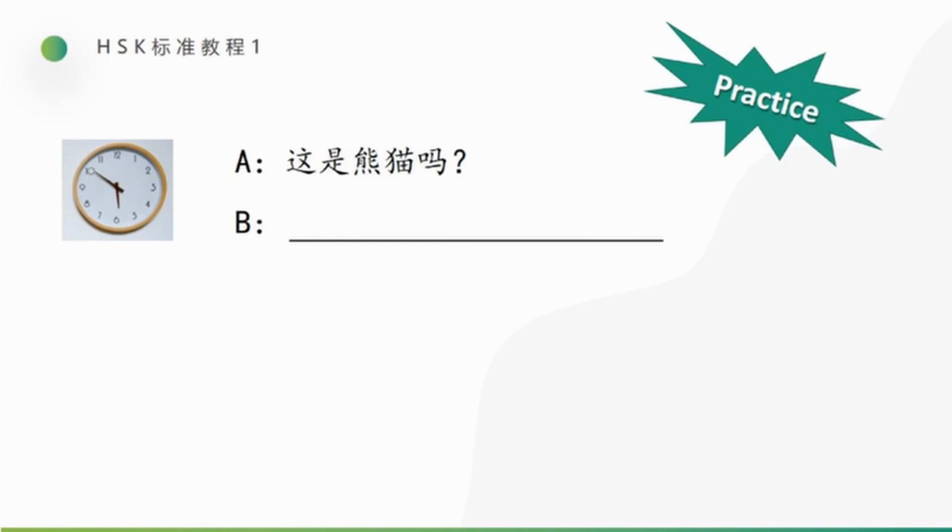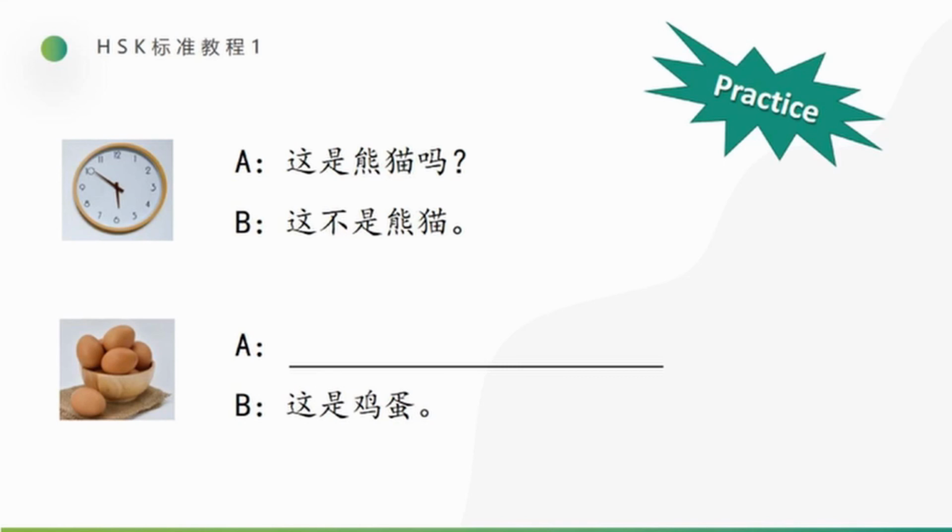Next, according to the picture, can you answer the question? 这是熊猫吗？In this conversation, B should say, 这不是熊猫。对，很好。This one.